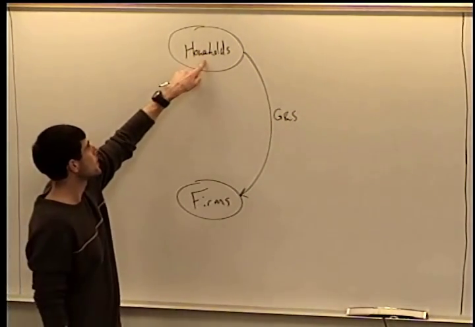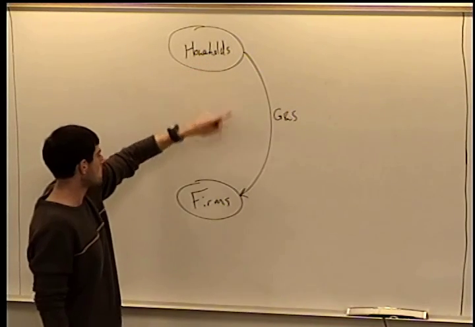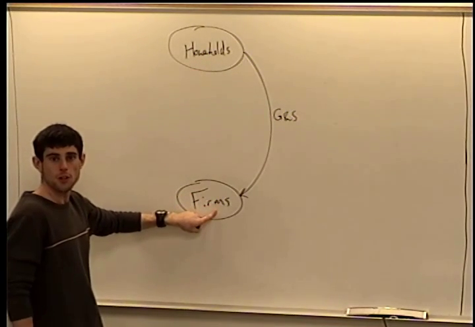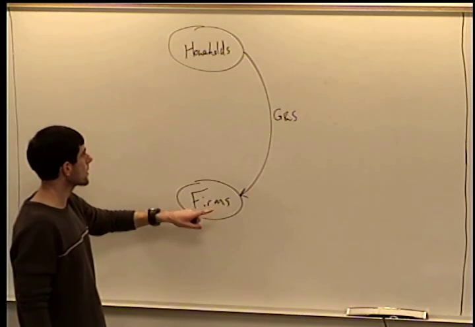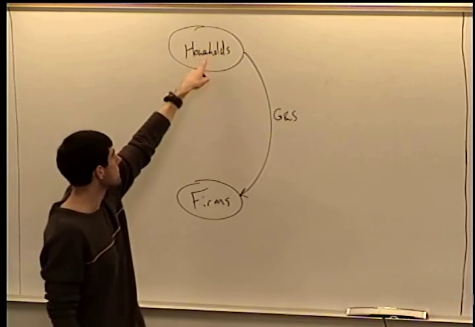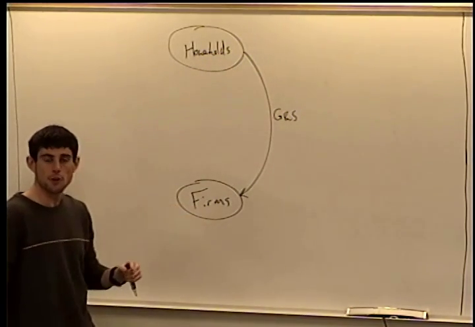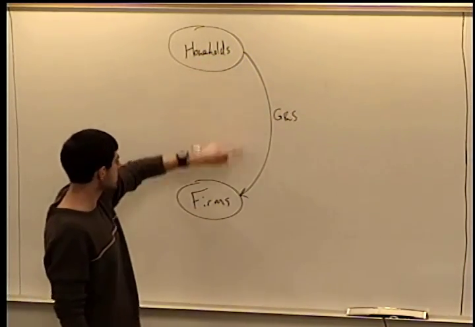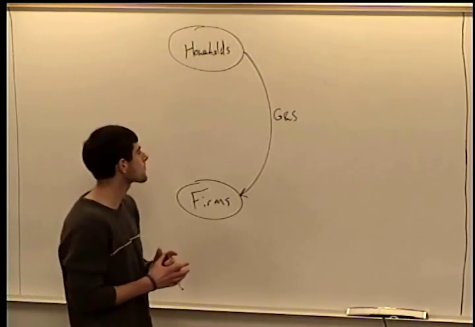I give my barber money for my haircut, and in exchange, he gives me a haircut. Money flows from my pocket to my barber, or from me to Hy-Vee when I buy groceries.